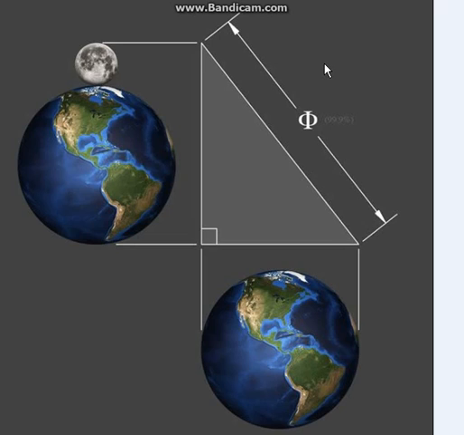You can get phi here if you do the ratio between this line here and phi.